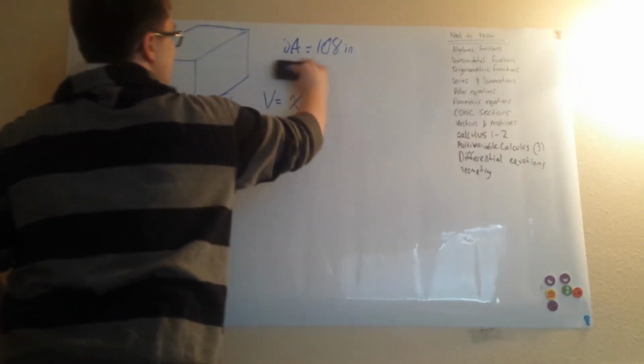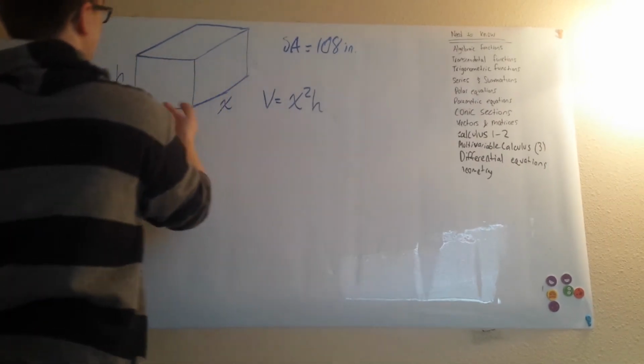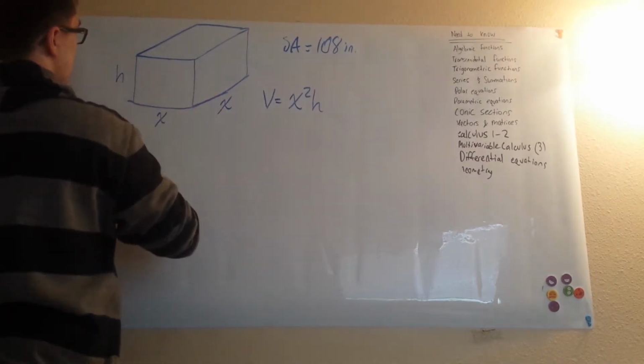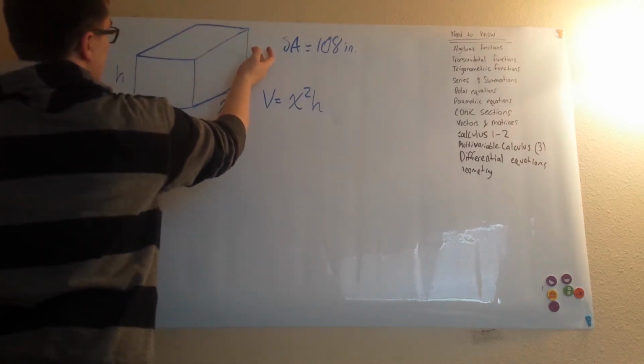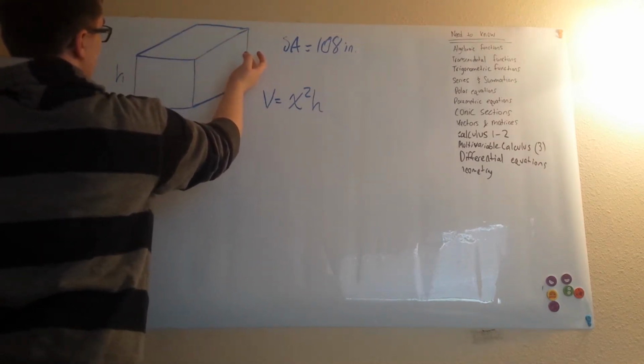Oh, what's this area? X squared. So sorry, guys. So the bottom side is not hx. So it's the area of 1, 2, 3, 4, 5.